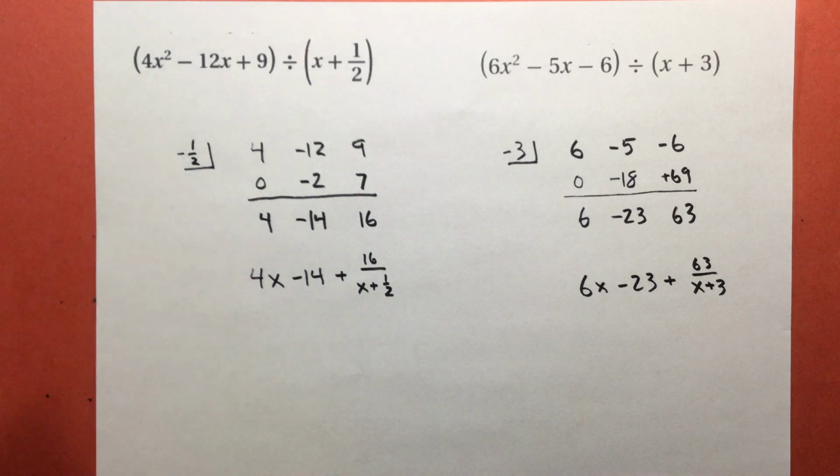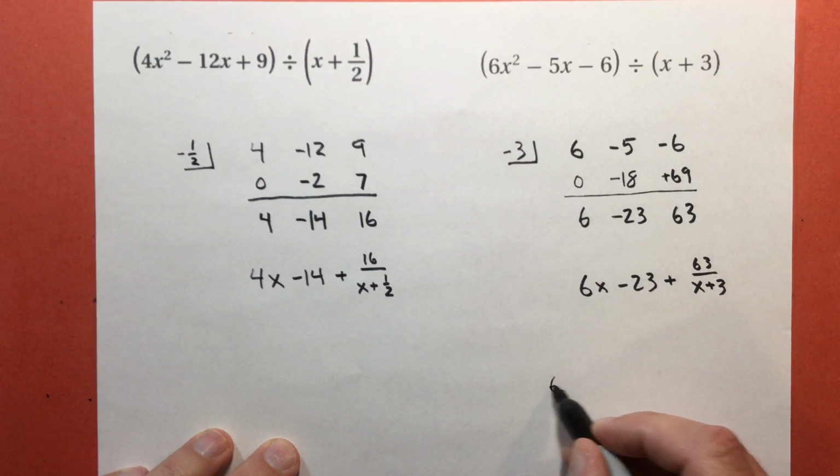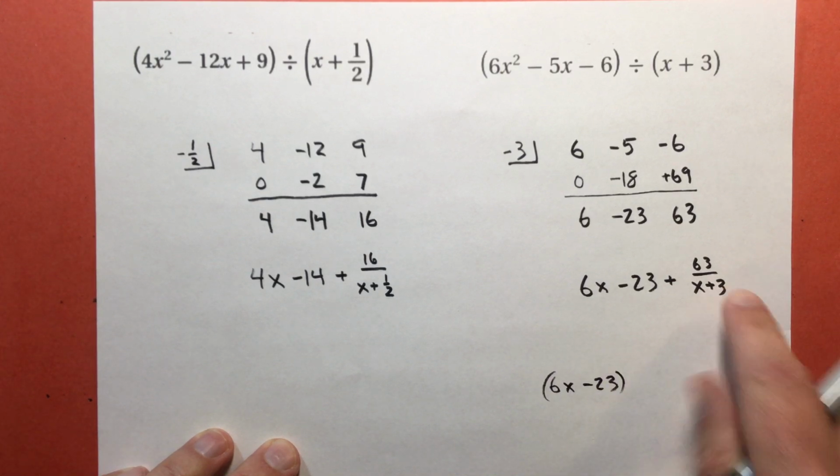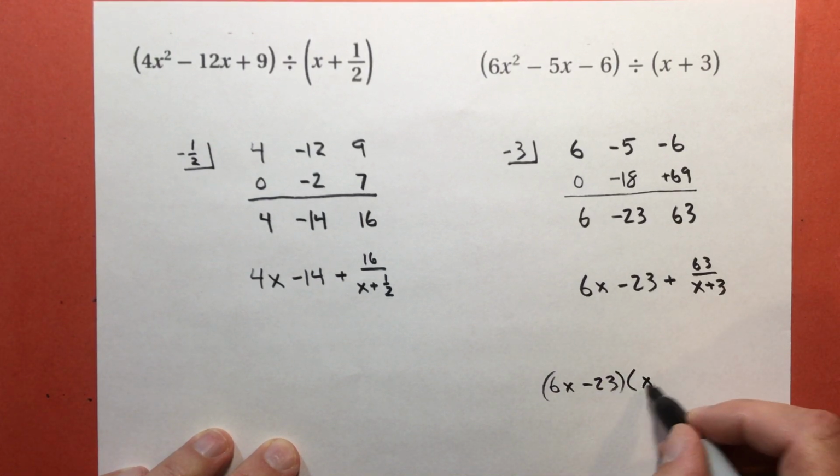For all of these, you can always check your answer by remultiplying. All right? So if you get something and you're a little confused about whether or not you got it right, then just remultiply it. Take 6x subtract 23, I'll talk about the remainder in a second, and multiply that by x plus 3.